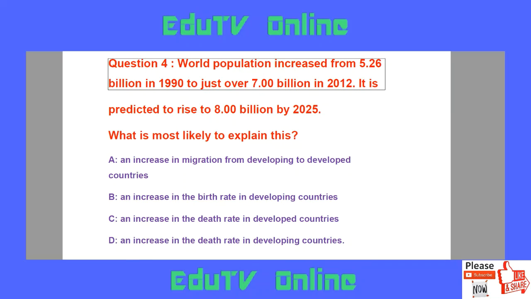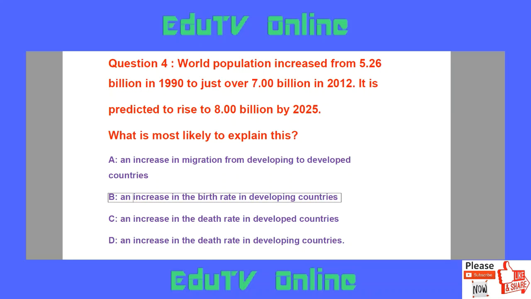Question 4. World population increased from 5.26 billion in 1990 to just over 7.00 billion in 2012, predicted to rise to 8.00 billion by 2025. What is most likely to explain this? A. An increase in migration from developing to developed countries.